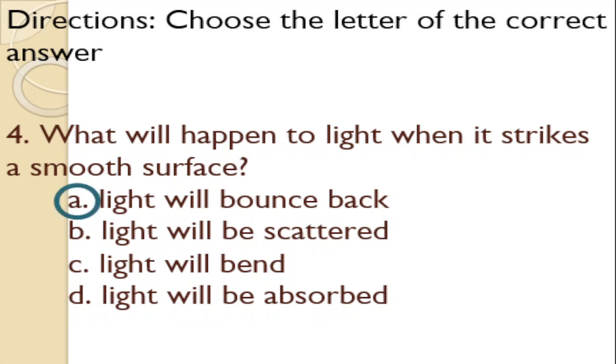As light hits a smooth surface, light will be reflected. Some of the light will be absorbed and some will be reflected. Depending on what color is being reflected, that is the color the object will appear. If it reflects blue, then the object will appear blue.